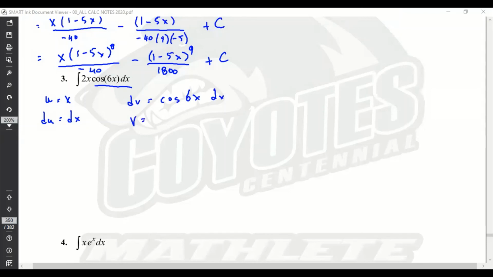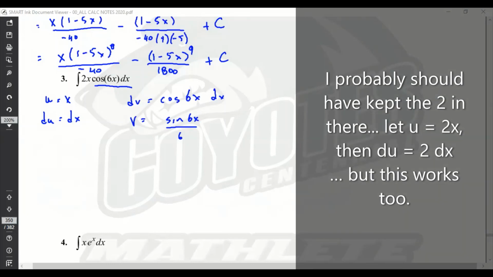V is the antiderivative of that. The antiderivative of cos is sine, but we also have to chain rule and divide out the derivative of 6x, which is 6. So sine 6x over 6. Therefore, now we need to be careful with this.